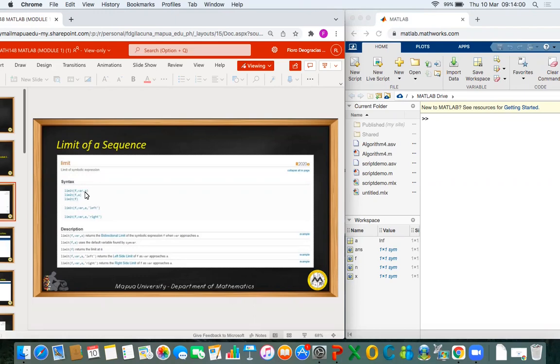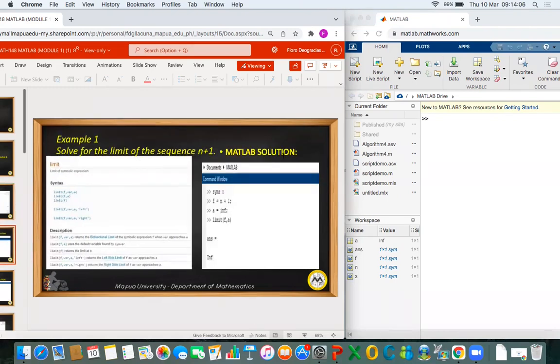Okay, so let's now have the example. We have this example, class, that we have dealt with in our lesson. Solve for the limit of the sequence n plus 1 as n approaches, of course, infinity. So we use the indicated limit, class, n approaches infinity.